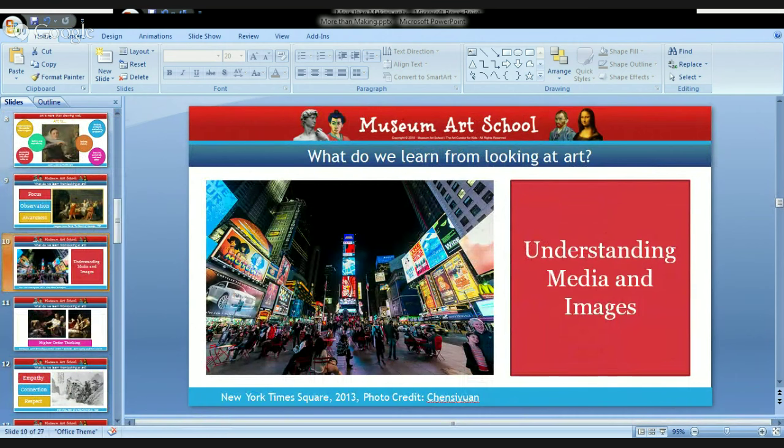We've got the iPads and the phones and the commercials and the advertisements, and everywhere we turn, there is an image, and they are fast. And when we put a child or a student in front of a work of art, it allows them to stop and think and focus for just a second, and that is so valuable. And we want them to really understand how to decipher all this visual input that they're getting throughout their day.